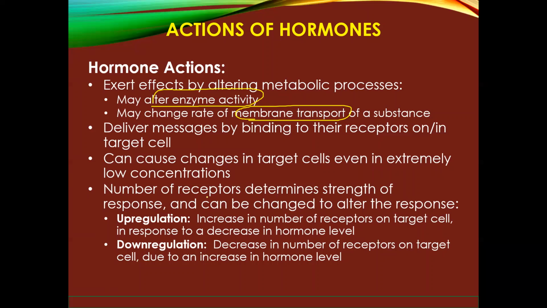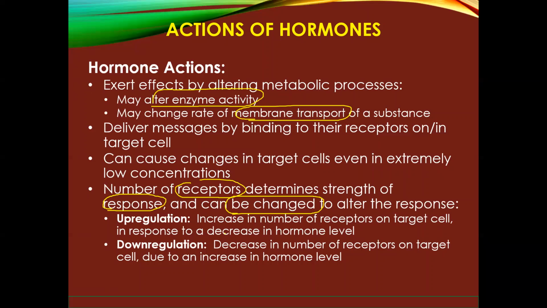And then the number of receptors on the target cell will determine the strength of the response. This number of receptors can be changed based on the hormones that go to the target cell.